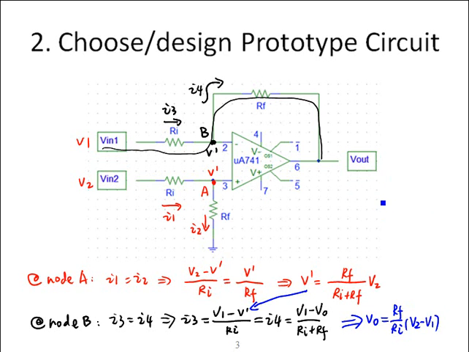As for the circuit design, we'll use Ri equal to 10K and Rf of 20K.